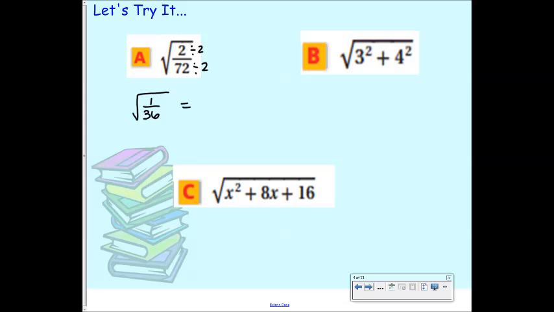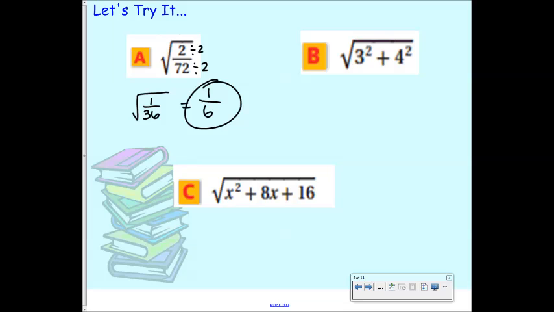What's the square root of 1? 1. What's the square root of 36? So now, do I have any more fractions? Not in the radicand anyway. So that one's simplified. So that, Alfonso, is what you would have to do. Okay? So if there's a fraction in your radicand, you have to simplify it so it's no longer in there.